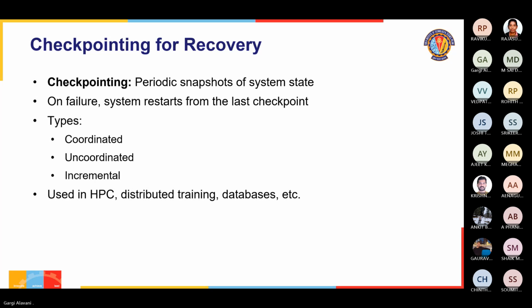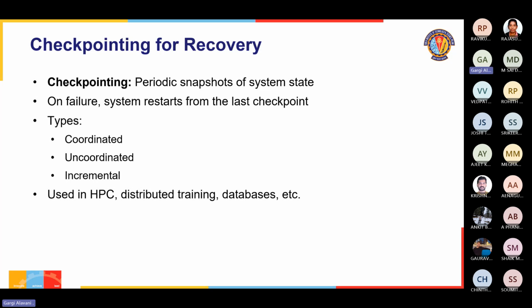One crucial tool for failure handling is called checkpointing. This means you periodically save the current state of the system so that if any failure occurs, we don't have to start over. We can resume from the last checkpoint. You can have coordinated checkpointing, where all processes checkpoint together to ensure a consistent state.